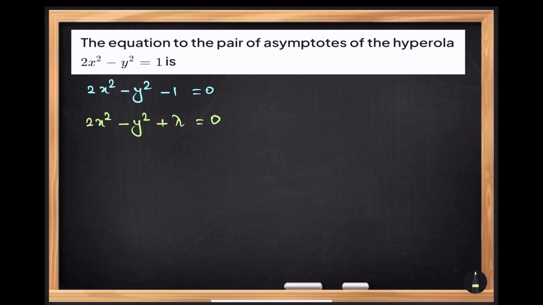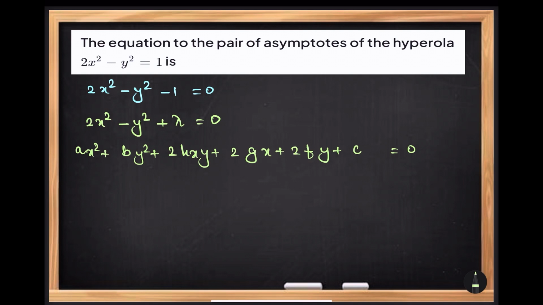Correct? So do you remember the condition when a 2-degree curve represents a pair of straight lines? We used to write the standard form ax² + by² + cxy + fx + gy = 0, and here we will write a, b, c, f, g, h with the 2s.